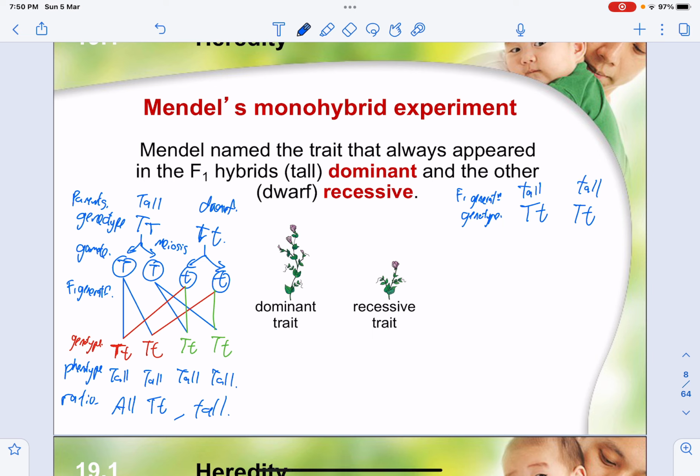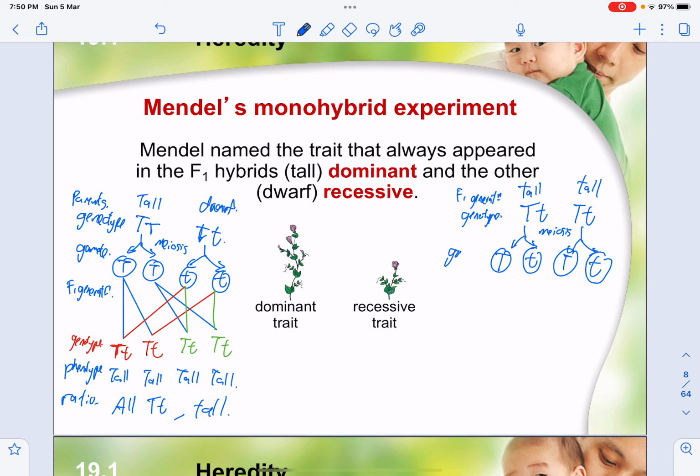So by right, his assumption, if he has never seen genetics before, is that all the offspring should be tall, because they're all physically tall. But what he realized is when he split it, the offspring undergoes meiosis to produce the sex gametes. So you got a big T, small t, big T, small t over here.